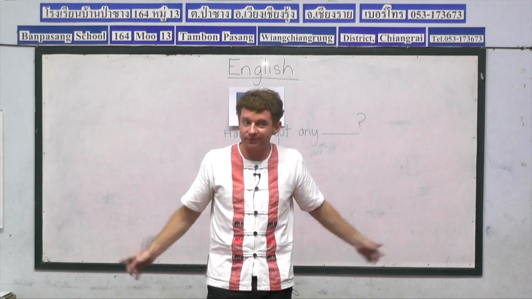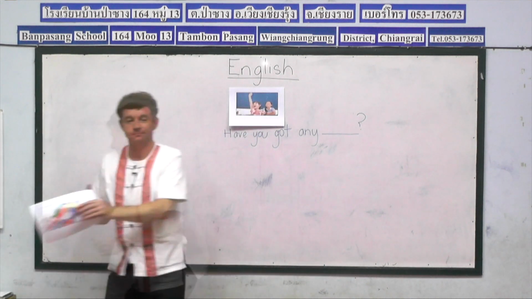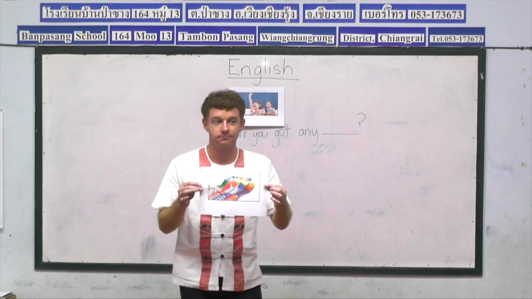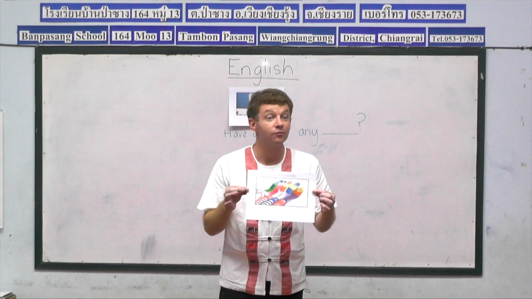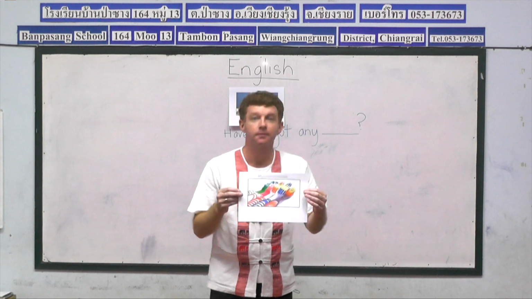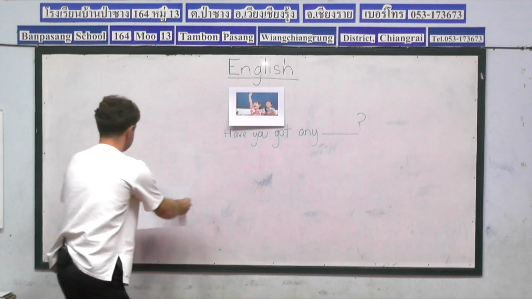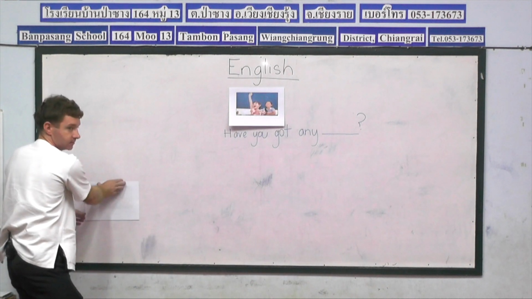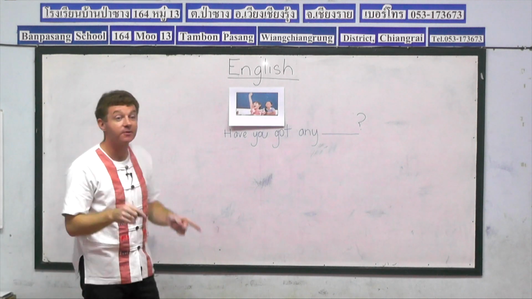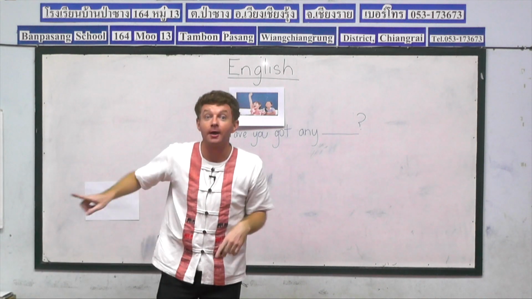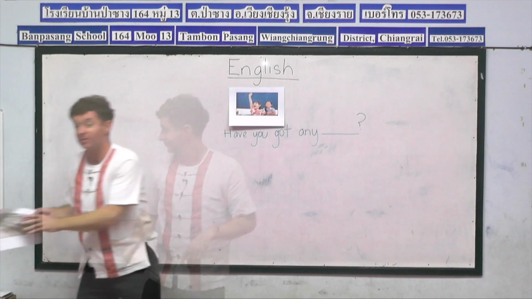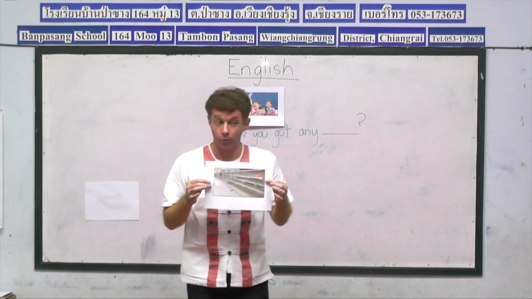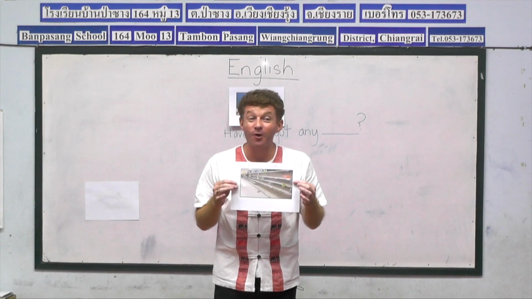Okay? So try to remember, guys, the pictures. What do we have here? Toothbrushes. Okay, so toothbrushes goes here. Try to remember, because if I ask toothbrush, you have to pick that picture. This one, no. We haven't got any.